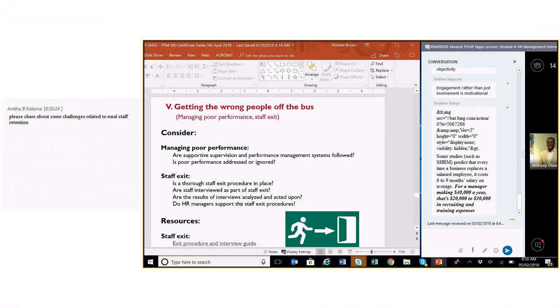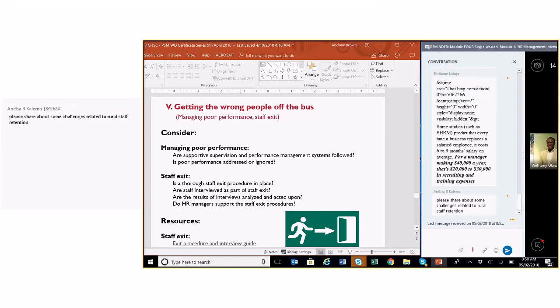I mentioned earlier in the opening remarks about getting the wrong people off the bus is really important. Just before I do that, I'm noting Anita's comment here about rural staff retention. So it's not only an issue that an organisation is trying to retain their staff in the busy cities, but staff retention becomes even more of an issue when you move out to the countries.